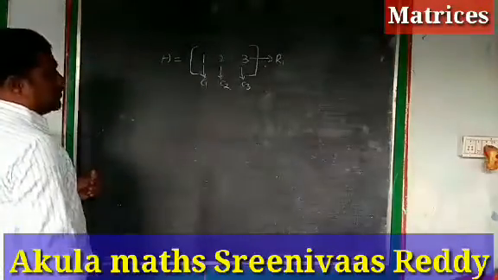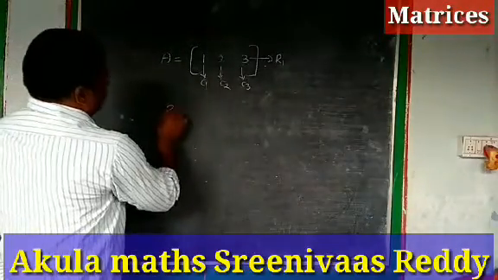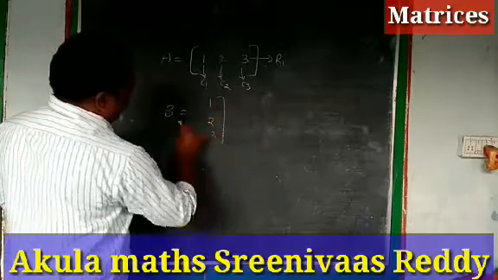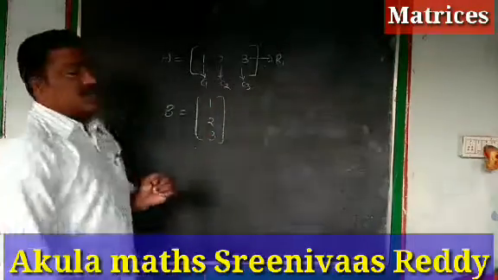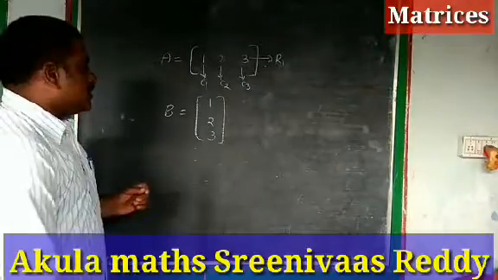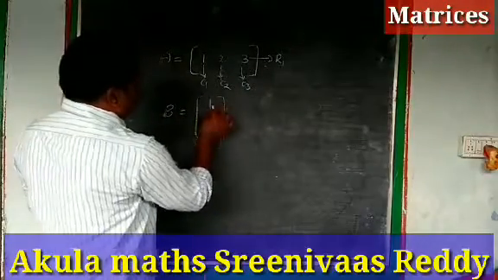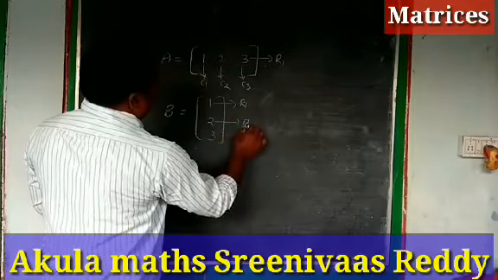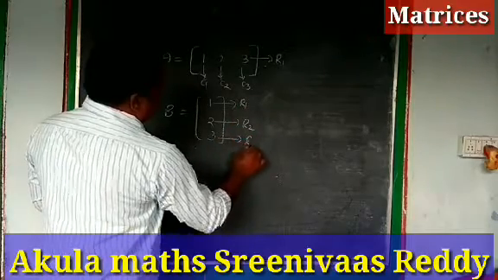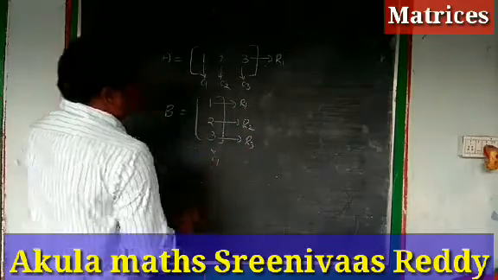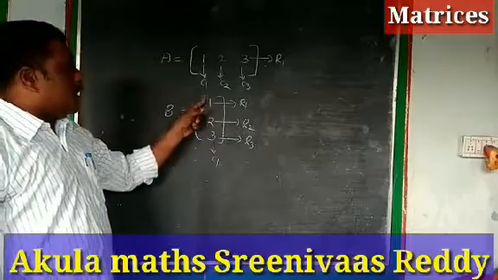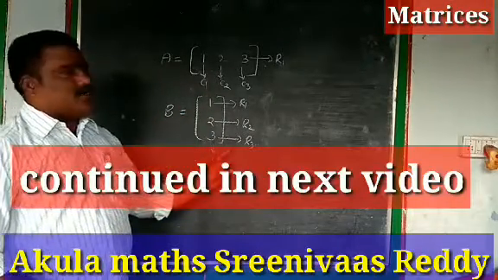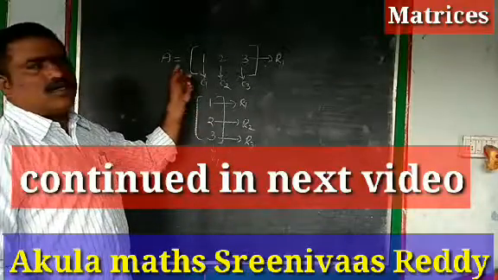A matrix having only one column is called a column matrix. Here B is equal to 1, 2, 3. So this one is R1, R2 and R3, and this one is C1. In this matrix only one column is there, 1, 2, 3. So this matrix is a column matrix and the other matrix is a row matrix.